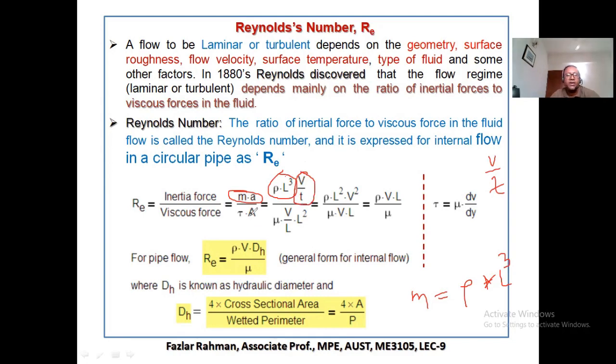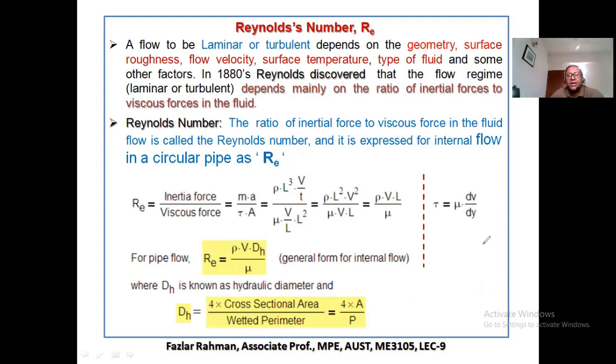Now, viscous force is tau into area. What is tau? Tau equals dV by dy. That means mu, and instead of dV we put V by L. What is the area? L squared. We put L squared. Now, we simplify this ratio. Before you take it out, you need to do something else.